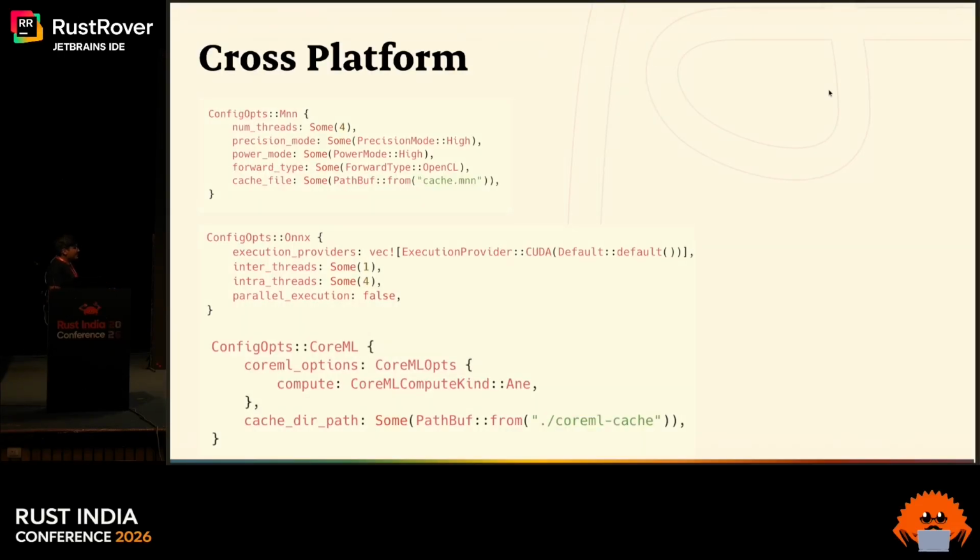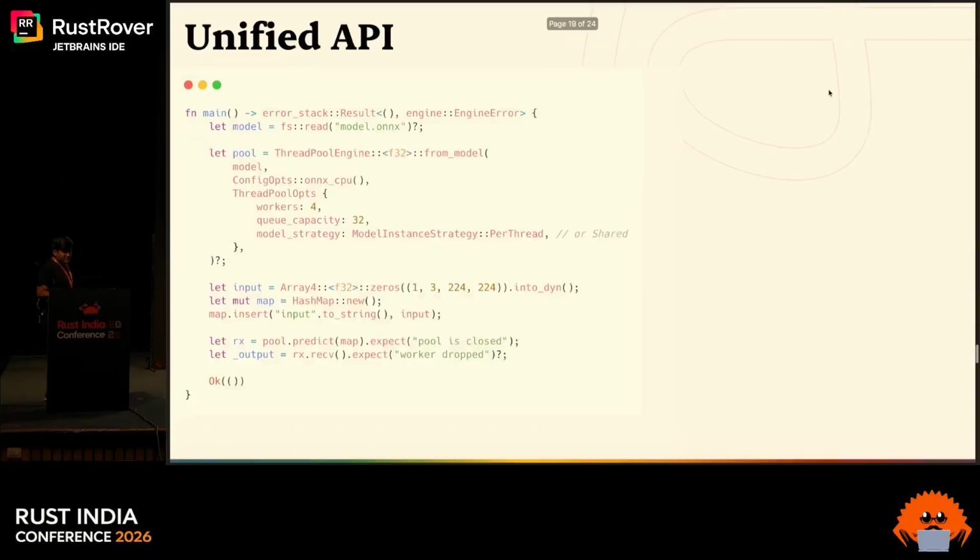Because we had to make it cross-platform, we had to support different architectures. These are all the different architectures we support: basically MNN, ONNX, and CoreML. MNN is for CPU, ONNX is used on Windows, and CoreML is Apple's own neural engine to run the models specifically on Apple silicon chips.